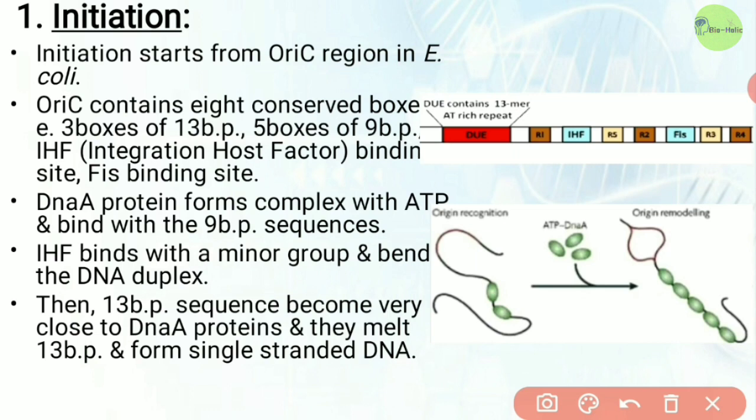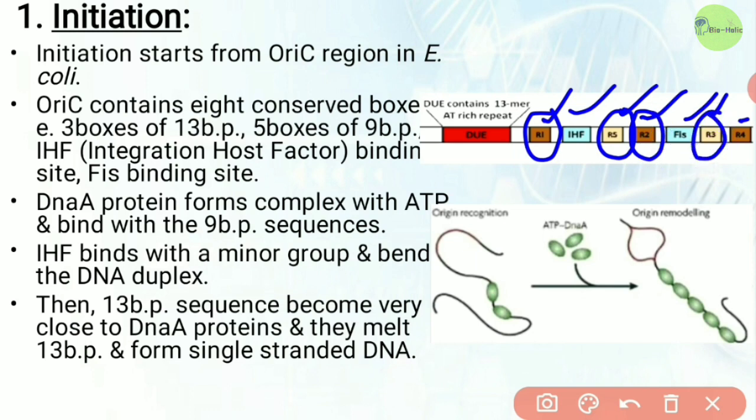Then the R1 box, which is a 9 base pair box, the IHF binding site or integration host factor, the RS box or M box I can say, the R2 box, the Fis binding site, and the R3 and R4 boxes. So here the R1 box, RS or M box, R2, R3 and R4, those boxes are mainly 9 base pair sequences. Okay, so those boxes are called 9-mers.